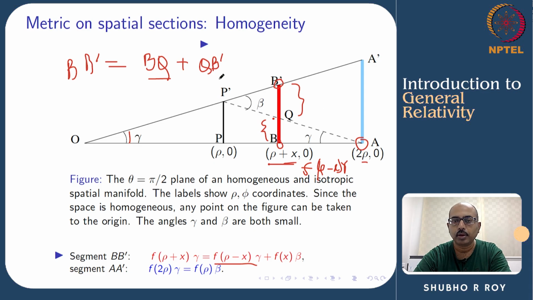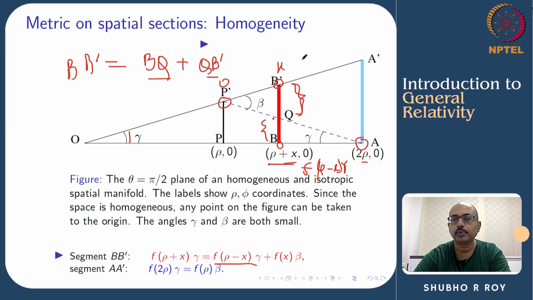Now, we also have to evaluate QB prime, this segment. The way we evaluate QB prime is by regarding P as the origin. If P prime is the origin, then P prime must be set to rho equal to 0.